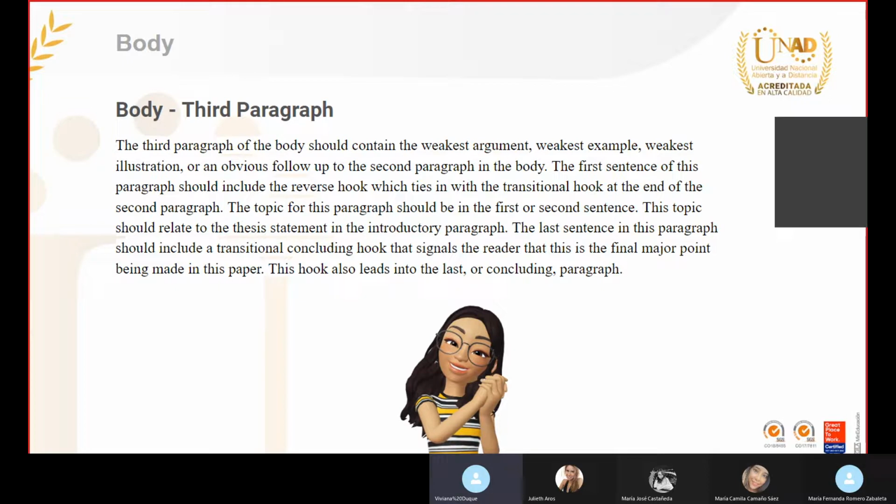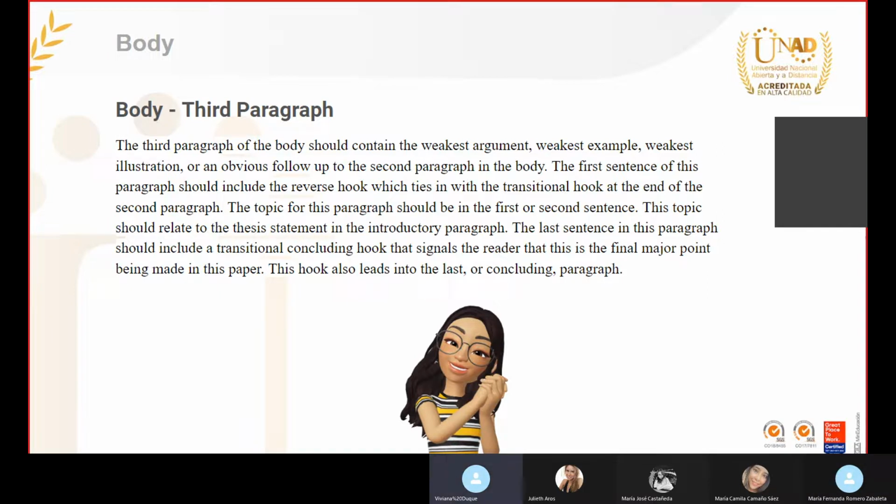Okay. Body, third paragraph. The third paragraph of the body should contain the weakest argument. Do you know the meaning of weak? Yes or no? Give me a moment. Okay. Weakest.